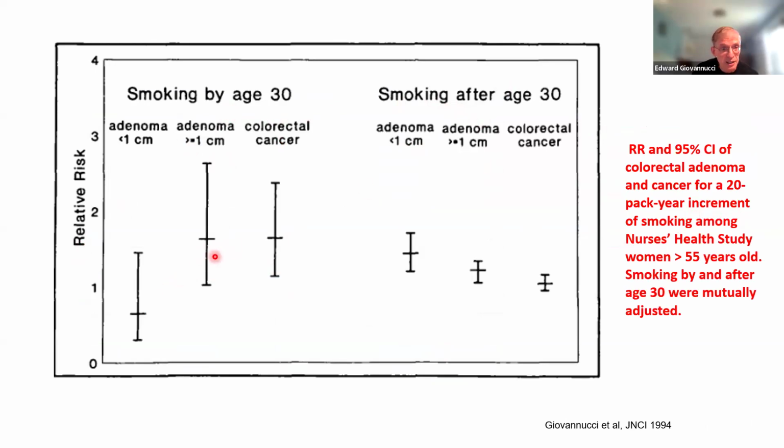You can see that for adenomas, large adenomas, and cancer directly, the smoking early in life is a stronger predictor, even though smoking after age 30 also is associated with an increased risk, not as dramatically. In fact, for cancer, it's not increased. So it's almost like the smoking you do before age 30 is more important for colorectal cancer than after age 30.